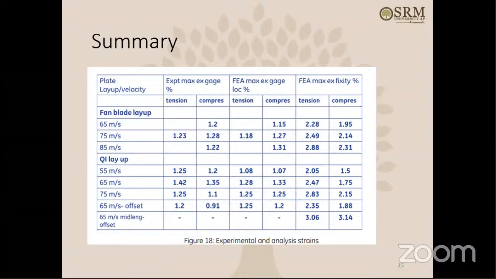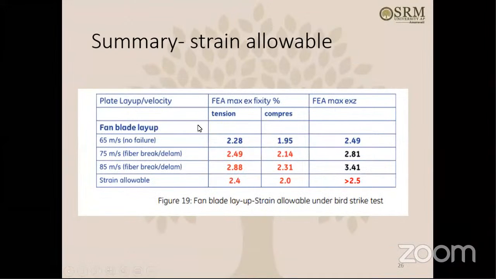So from there, we actually went back into the FEA, and wherever the specimens failed, at the failure load and failure cases, we went back and found this interlaminar shear strain. So that's what we are calling the strain allowable. So what is the maximum strain that you see in the specimens when they are failing in the FEA?